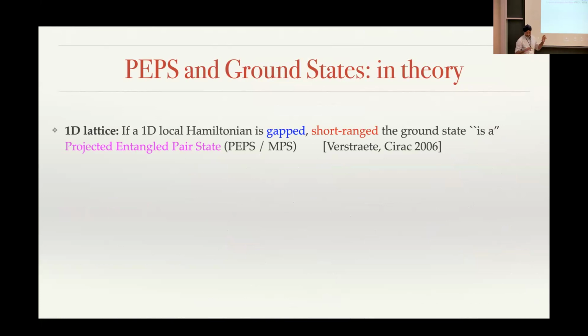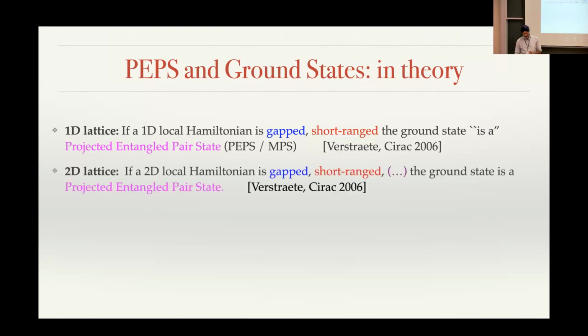I put "is" in quotes, but this statement is just a message of a theorem. You can formalize this, and there's really an exact equivalence. So ground states of local gapped Hamiltonians in 1D are matrix product states, or 1D PEPS.